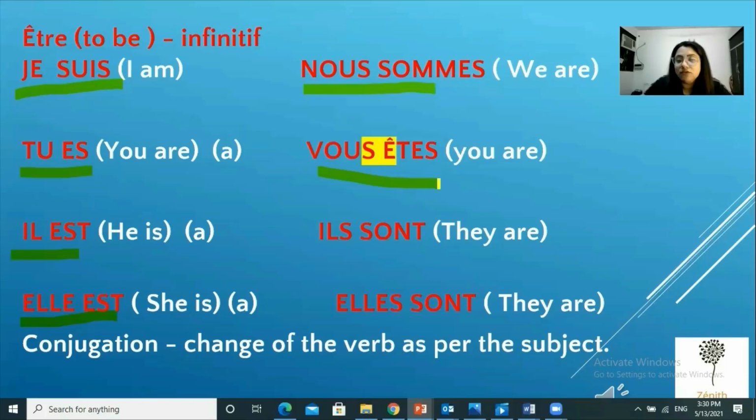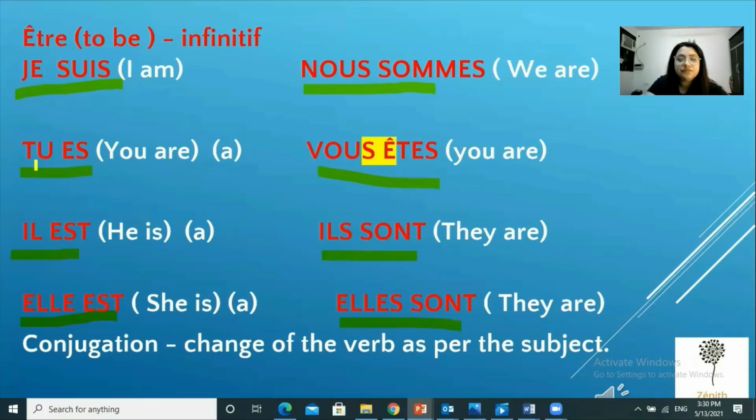Then we have ils sont, which means they are. And the last is elles sont, which means they are.